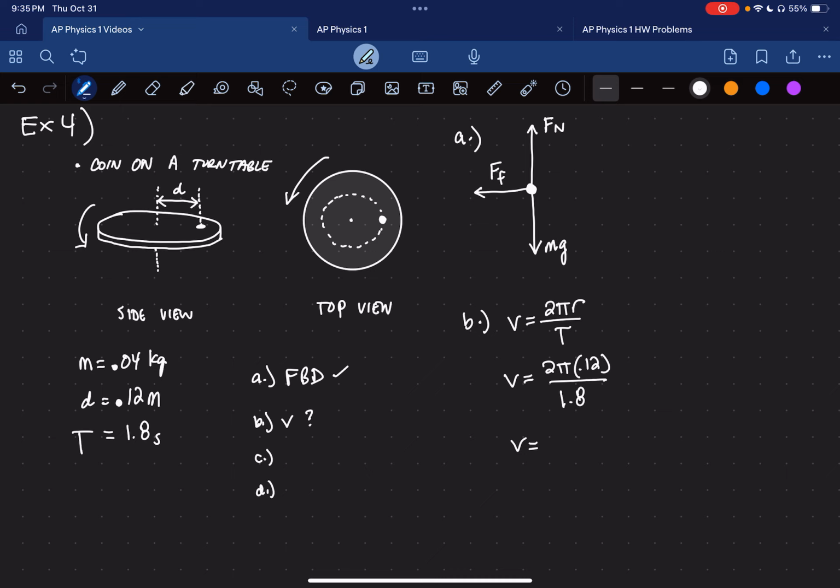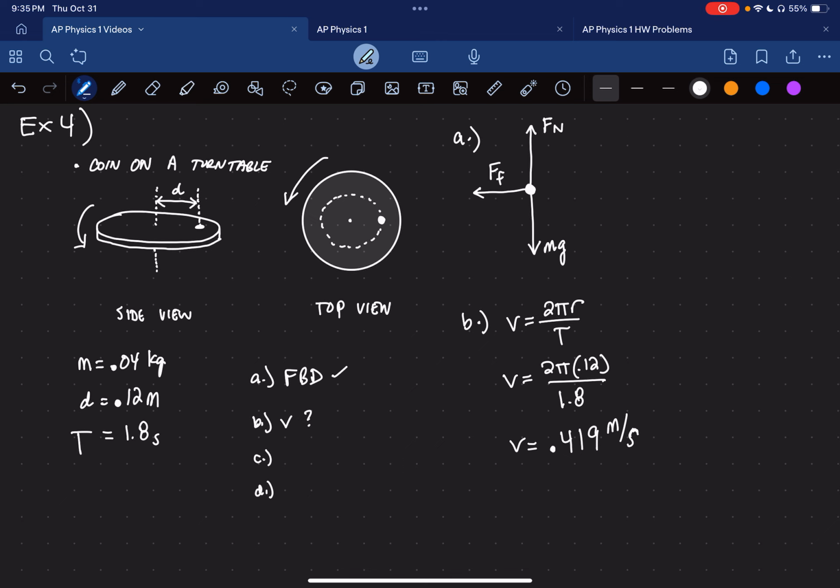There it is, and then we get 0.419 meters per second for the speed of the coin. Cool, we'll box it in.